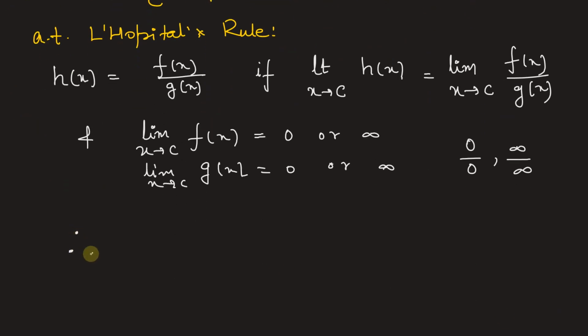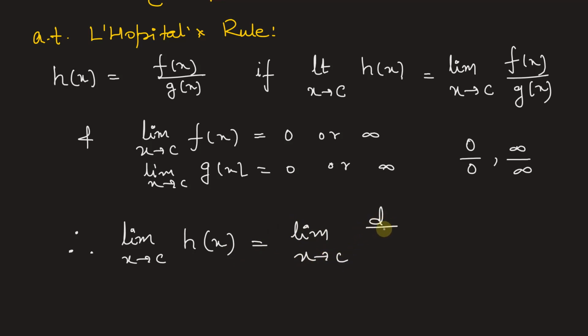L'Hopital's rule says this limit can be found by: limit x tends to c of h of x will be equal to limit x tends to c of d by dx of f of x divided by d by dx of g of x. And we will keep differentiating f of x and g of x until this form is removed, that is 0 by 0 or infinity by infinity form.